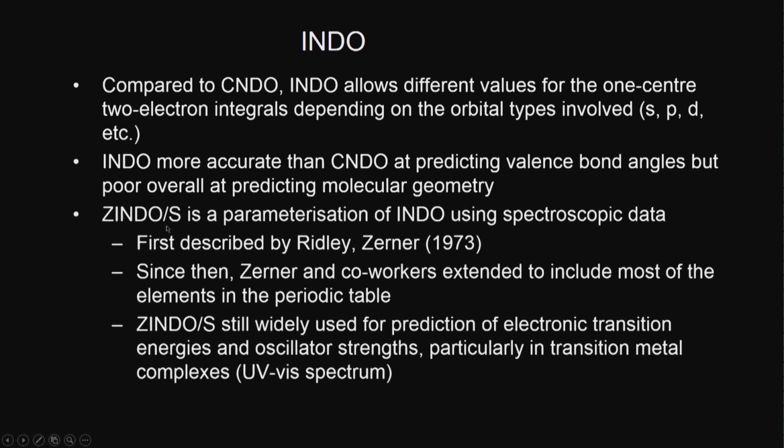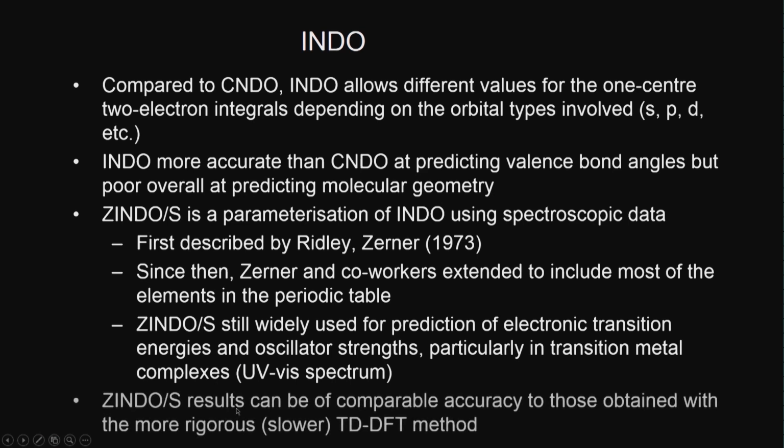Then came ZINDO-S. This is a parameterization of INDO using spectroscopic data. It was first described in 1973 by Zerner, then they extended it to include most of the elements in the periodic table. ZINDO-S is still widely used for prediction of electronic transition energies, oscillator strengths, and transition metal complexes. So if you have metals, we can think about using ZINDO-S.